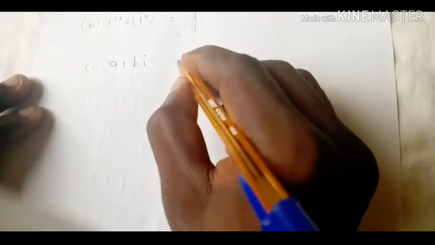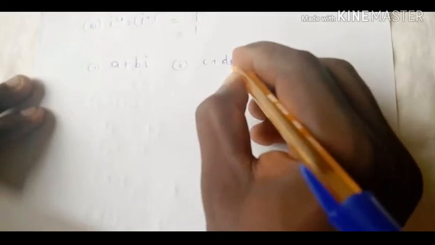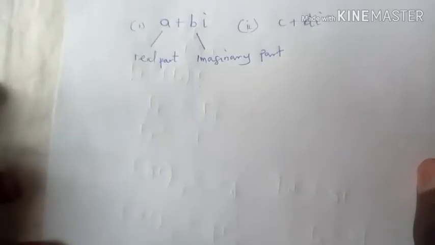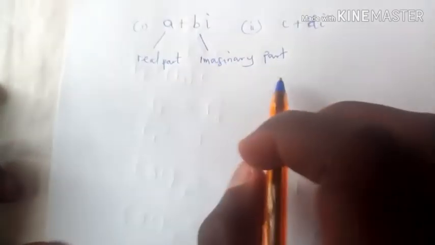In adding these, let's say we have a plus bi and c plus di. The first part becomes the real part and the second the imaginary part.